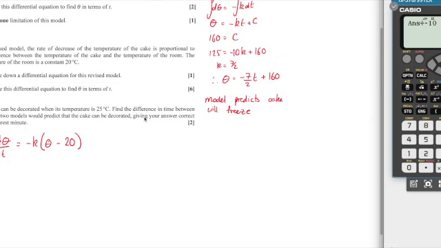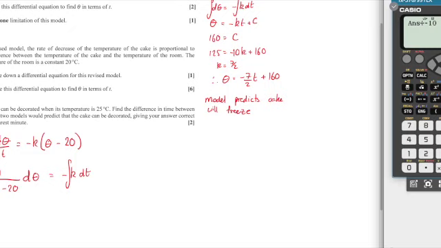So write down a revised model for the cake. Using separation of variables, we're going to have 1 over theta minus 20 integrated d theta is minus k dt integrated.